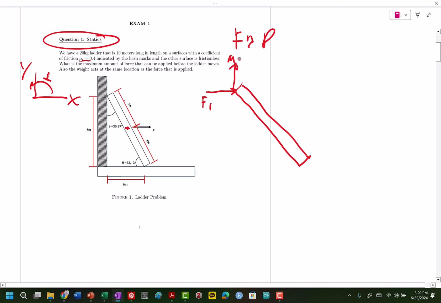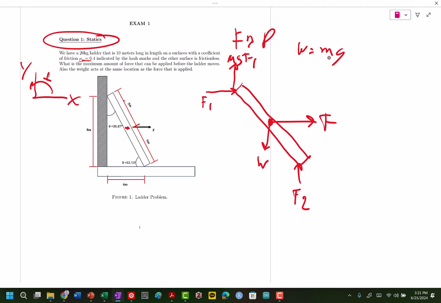I'm going to say mu S F1. Here, there's a reaction force pointing up, reaction force 2. There's going to be some force here, F, and there's going to be some weight, where weight is equal to mass times g. And that is it. So let's start to solve this problem.